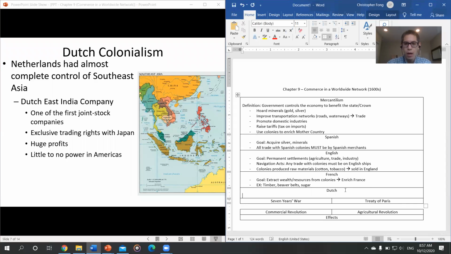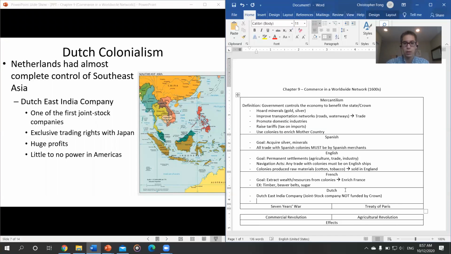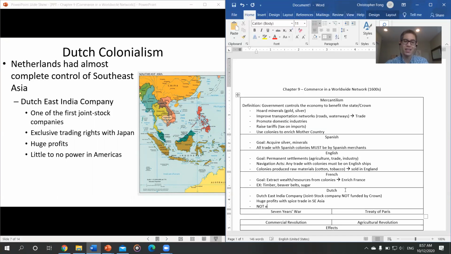And so the Dutch are interesting because they have the Dutch East India Company, which is a joint stock company that was not funded by the crown. They make huge profits with the spice trade, especially in Southeast Asia. And so I would argue that this is probably not an example of mercantilism because of a couple of reasons.